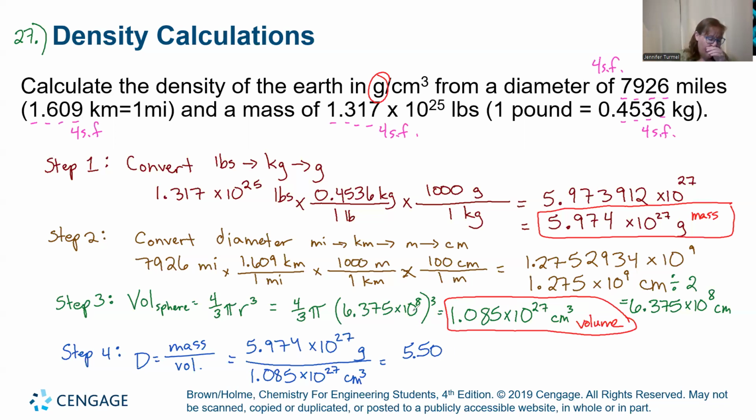Okay, I have 5.505990783. There, that's what my calculator is giving me. I can only have 4 significant figures, so that becomes 5.506, and my units are in grams per centimeter cubed. And that is my final answer to this problem.